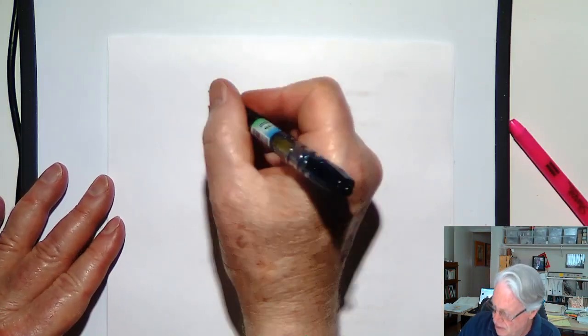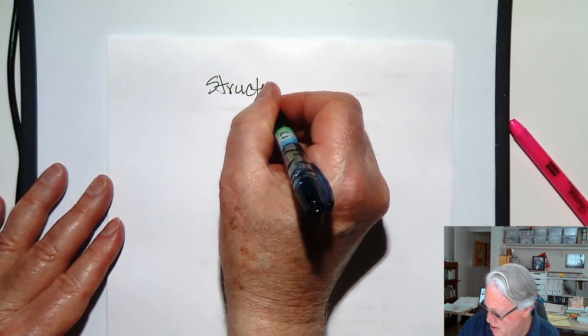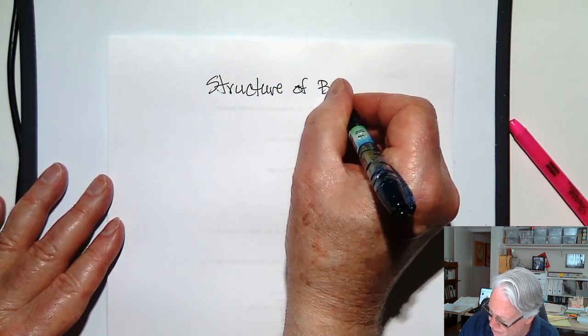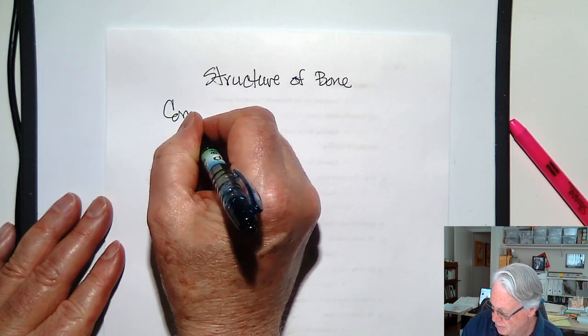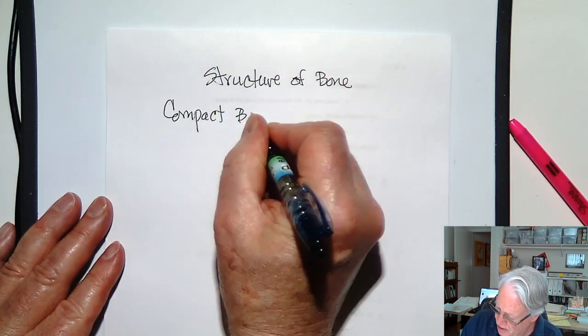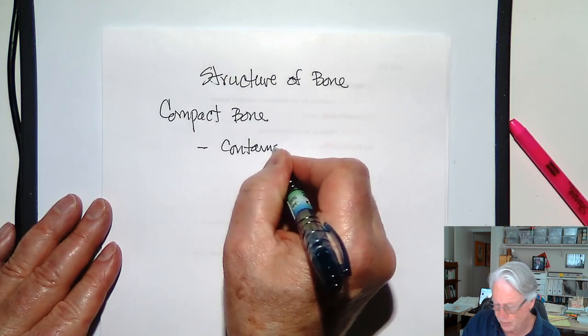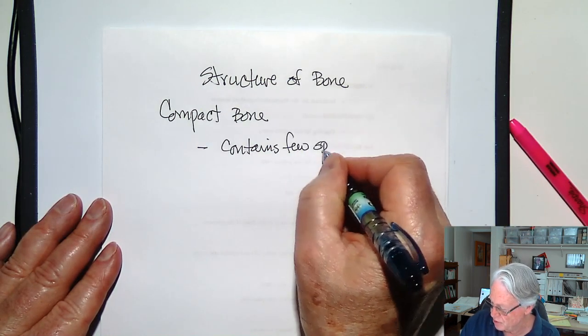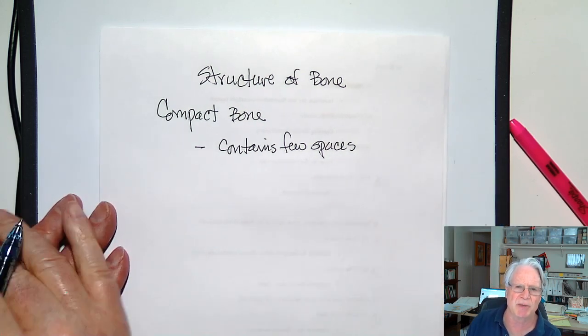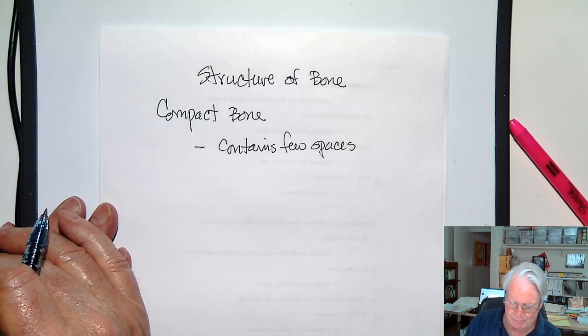We'll start with compact bone. This is the structure of bone, and we'll begin with compact bone. A couple of things we can say about it: it contains few spaces, and as you saw in that image, there were not many spaces within that structure.